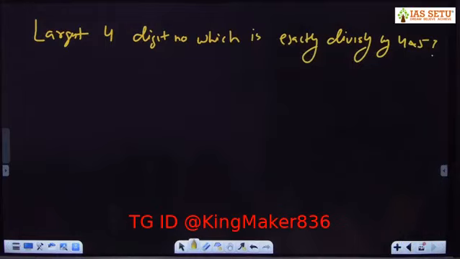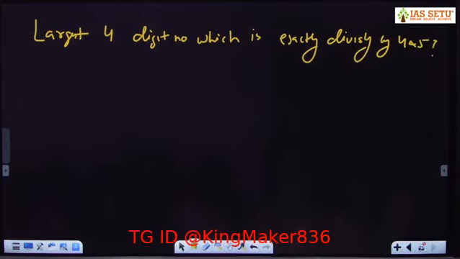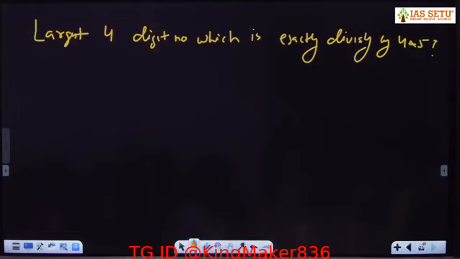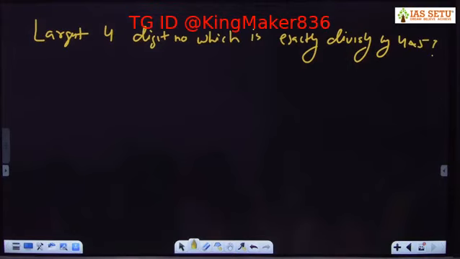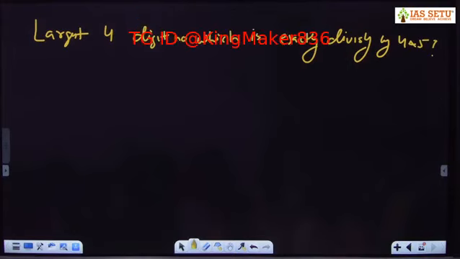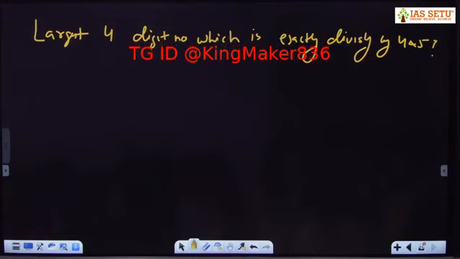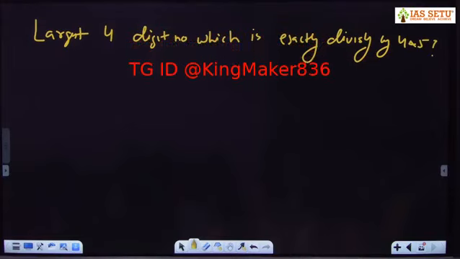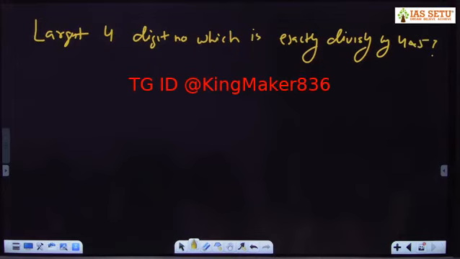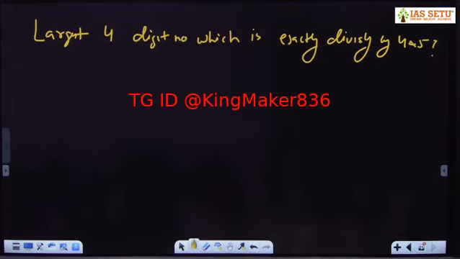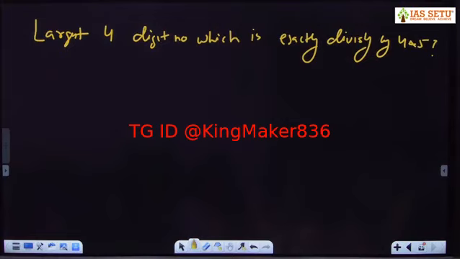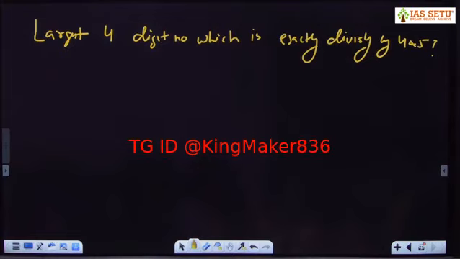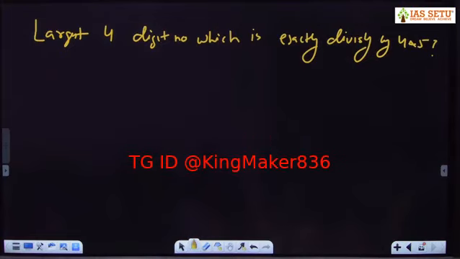Largest four-digit number which is exactly divisible by 4 and 5. Done.